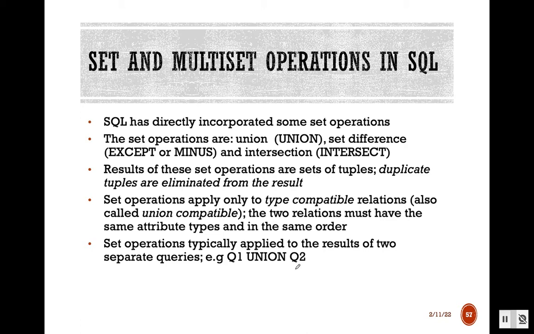So SQL can directly incorporate some set operations. We can have the union operation, the minus or except operation, or intersection. The set operation is actually easy. If I have two sets of results, I can run a set operation on them.